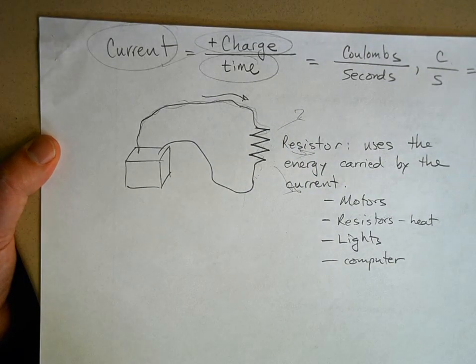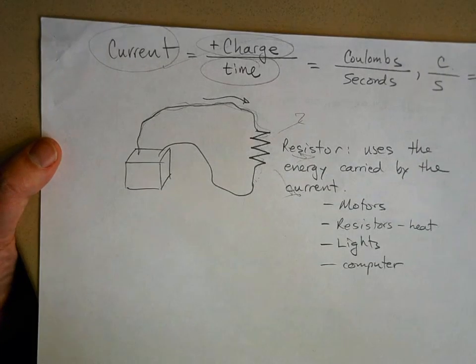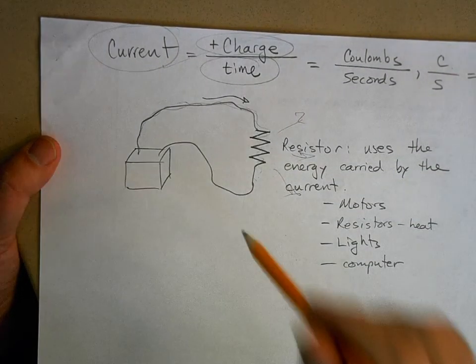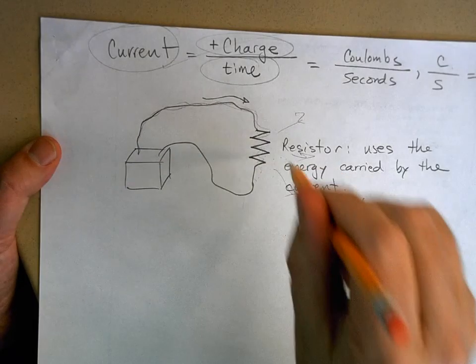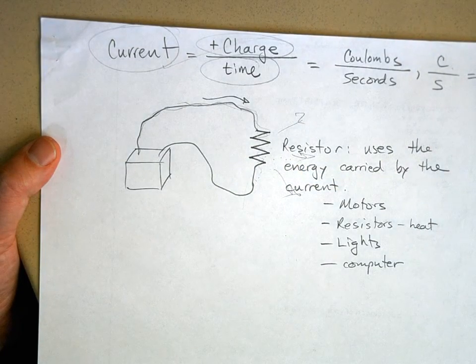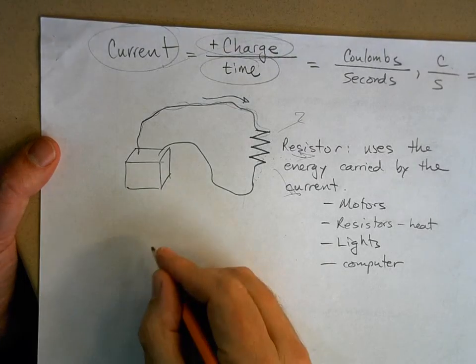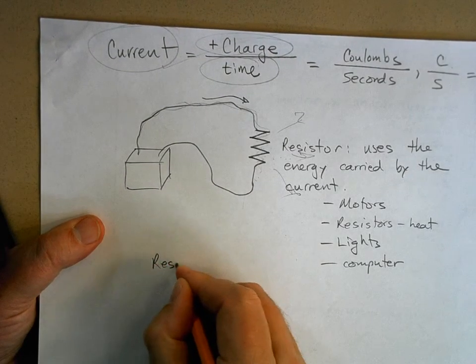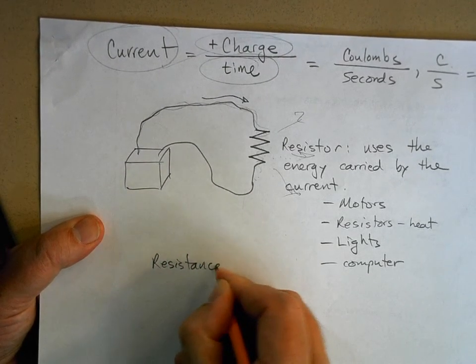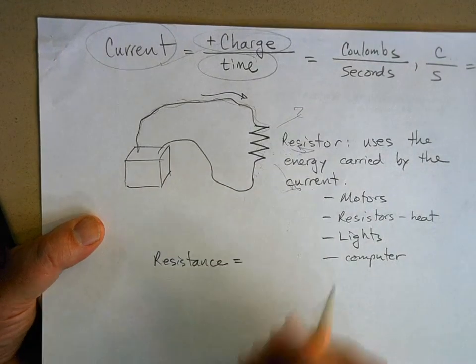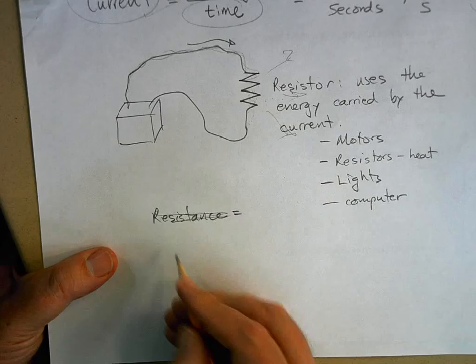But how much current do I get? How much voltage do I need to get current to flow through this resistor? Well, that is what we call resistance. Resistance is, well, let me write it down here just to make the notes look neat.